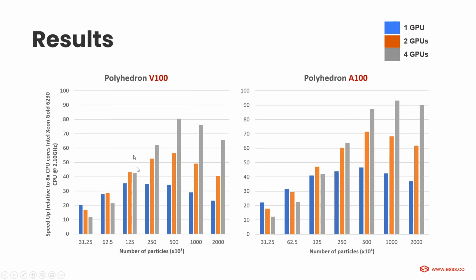The main message here from this chart is not the actual GPU performance, but look at this chart here. If we have 4 V100s, we are talking about an 80 times speedup. Let's imagine that increasing the number of CPU cores would scale performance linearly.